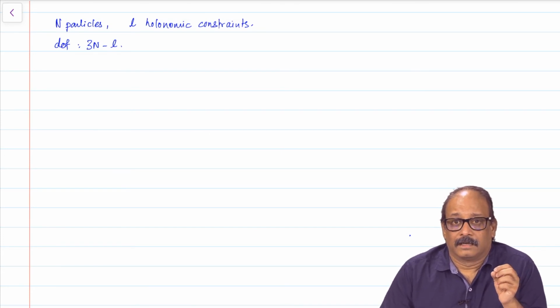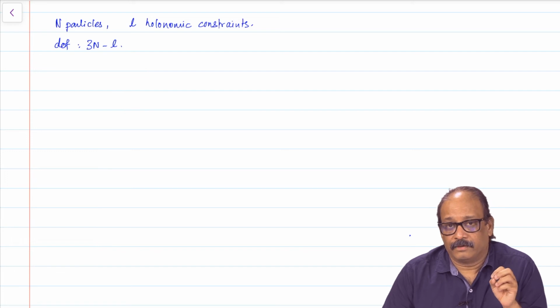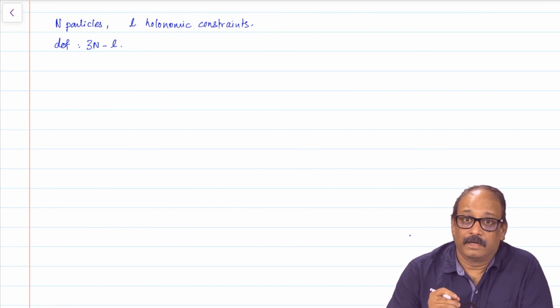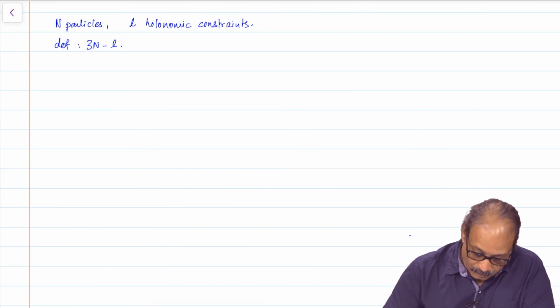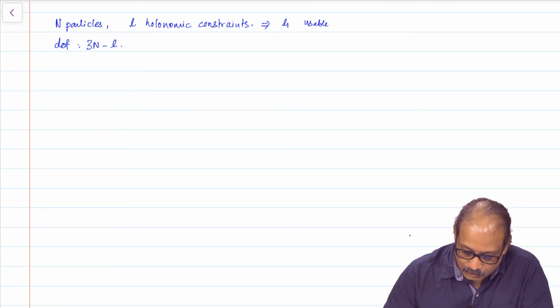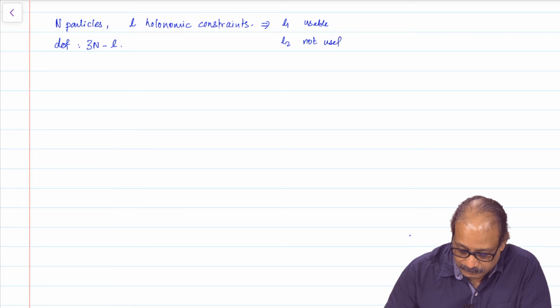But now I am going to say that out of these I can use only L1 holonomic constraints to reduce the degrees of freedom. So, out of these, L1 are usable and L2 I cannot use. These are also holonomic constraints, but not useful.